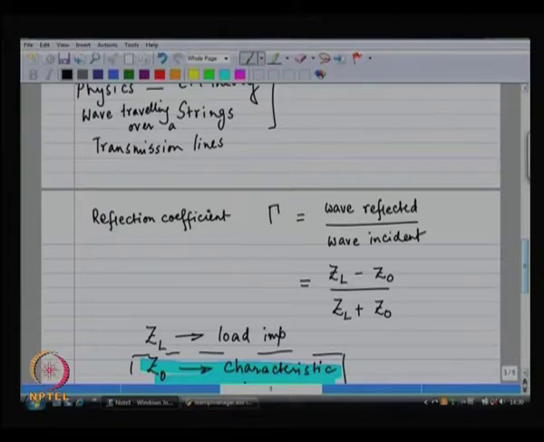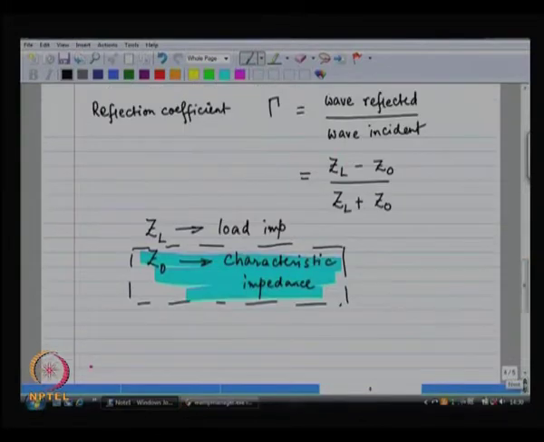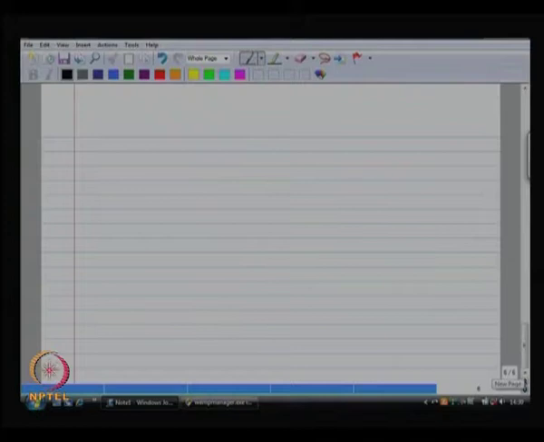Now, what? So, suppose I know the characteristic impedance, suppose I know the reflection coefficient. So, what? So, this is how it works.